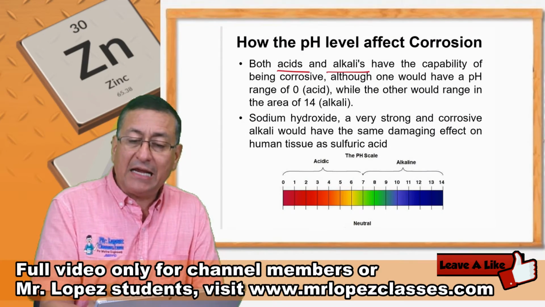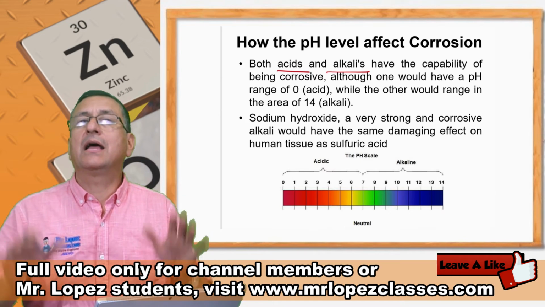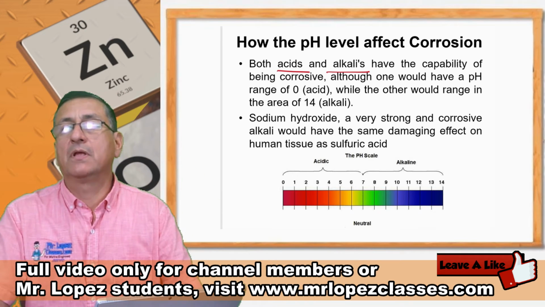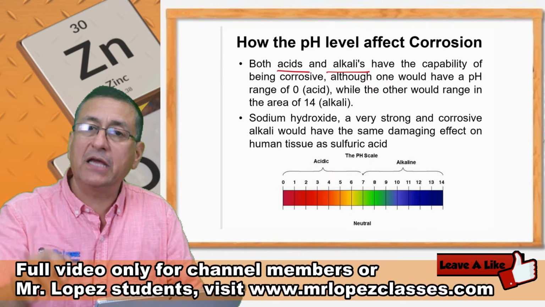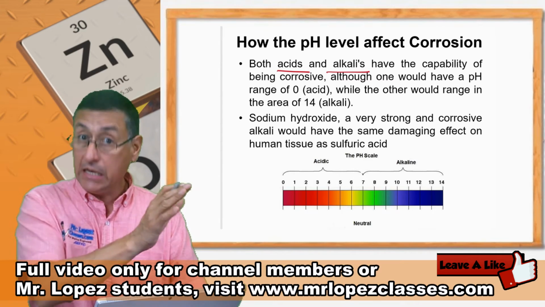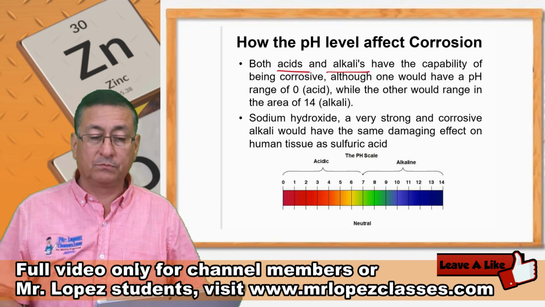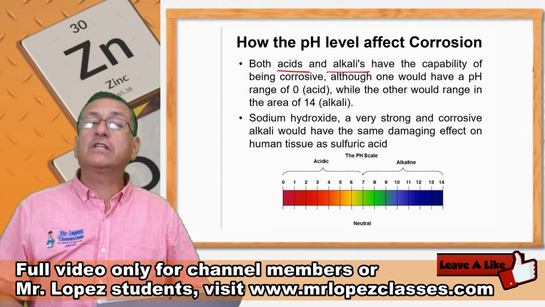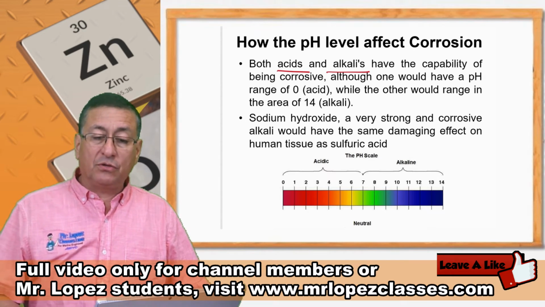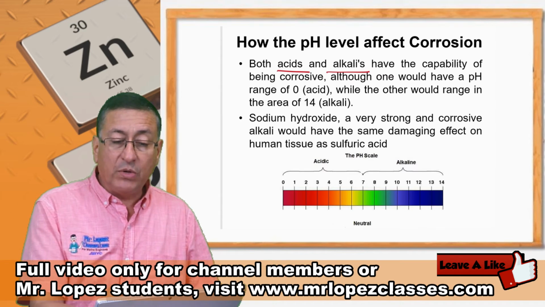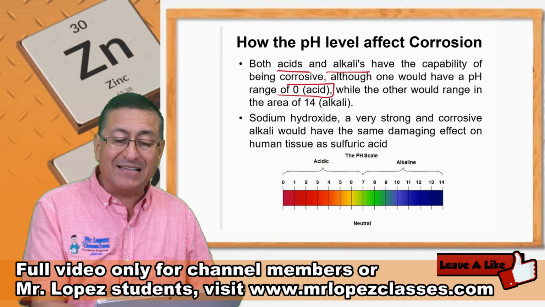Acids and alkalis are highly corrosive. Both of them produce or accelerate the corrosion. Alkali, I explained to you, or acid. Both extremes are not good. For that reason, if you have a pH close to 0, it is acid.